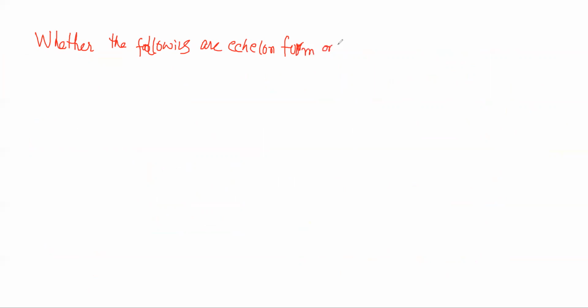For example, if this matrix is 1, 0, 0, -1, 0, 1, 0, -3, and 0, 0, 1, 0, is this in echelon form?